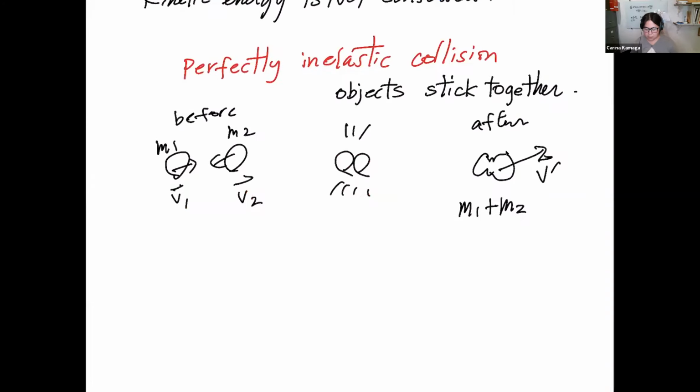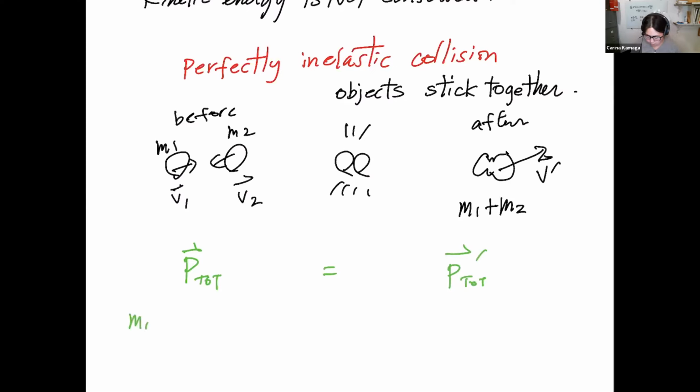So this is a perfectly inelastic collision, which means that two objects collide. After that, they move together. Then kinetic energy is not conserved, but still, because it's a collision, the total momentum before the collision still equals the total momentum after the collision.